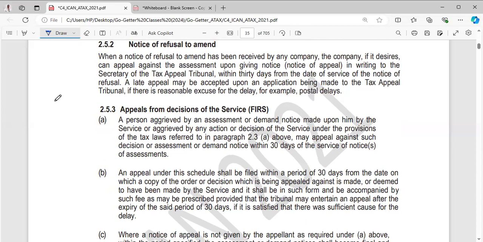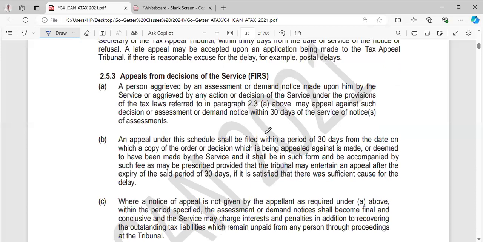An appeal under this schedule shall be filed within 30 days from the date the decision was copied. Now, if it is not filed, then it is taken as acceptance. It shall be filed and accompanied with such fee as may be prescribed by the tribunal.